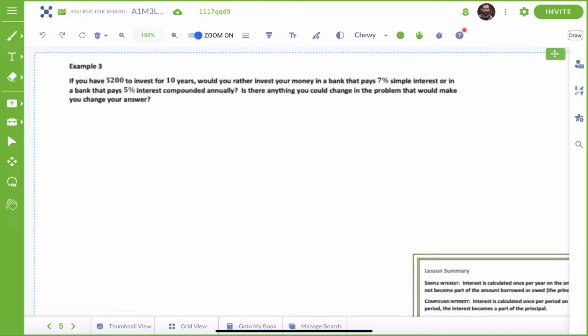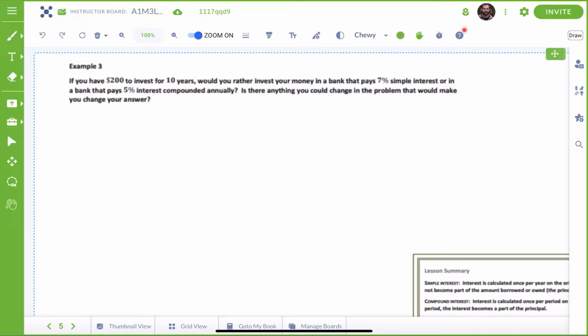That compounded annually lets you know that this is compounding interest. Is there anything you could change in the problem that would make you change your answer? Well, yeah, I mean, you can always change the interest rates. That's going to help you to grow more quickly. Okay, so let's figure this out.